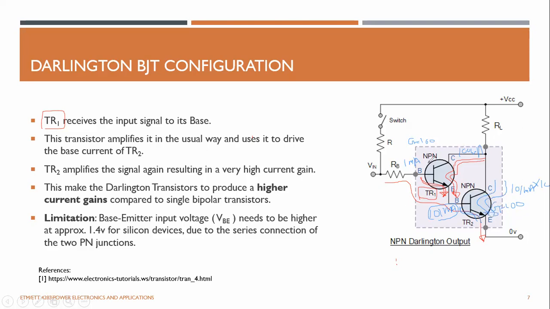So simply, the gain is the product of the two transistors' gains. The Darlington is there to carry a large current, because the other option is to use two transistors connected in parallel like this to drive your load, but that only provides twice the gain, while this configuration provides the product of the gains of the two transistors, right?